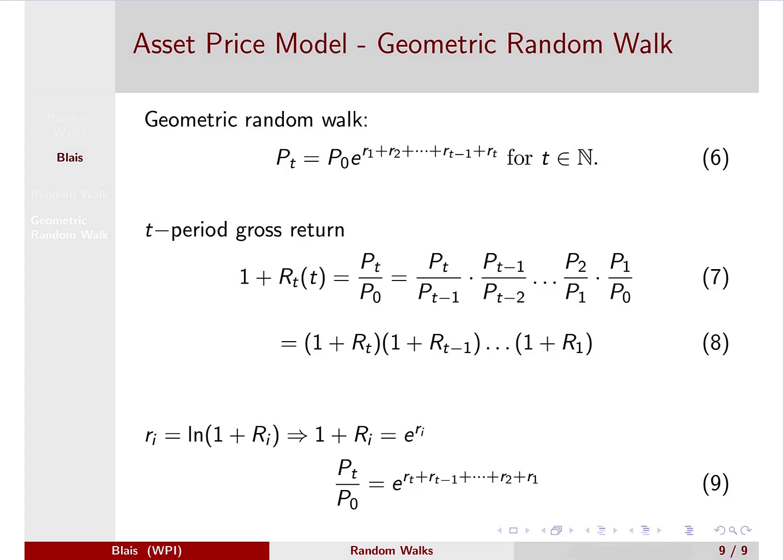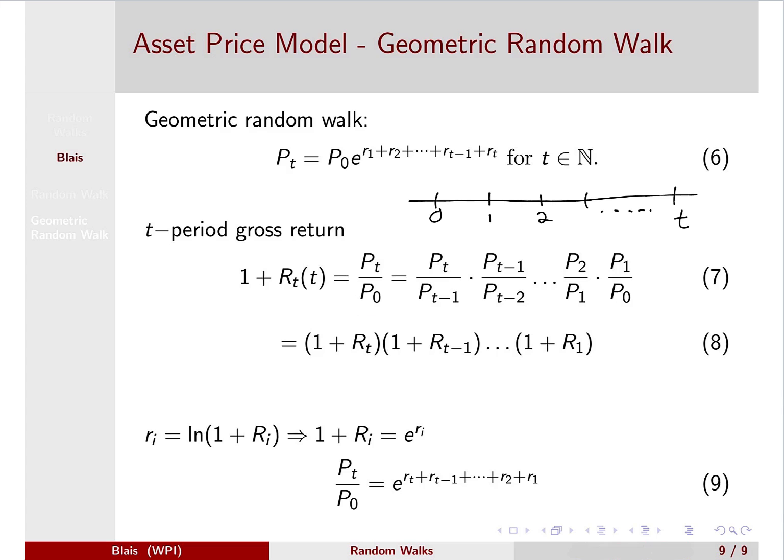So we are now thinking of being at time t, so think of it as day t, and we want to know what is the gross return over this time period. Well, by definition, that t-period gross return at time t is the asset price at time t divided by the asset price at the beginning of the period. So that gives us our gross return over the whole holding period from time 0 to time t.